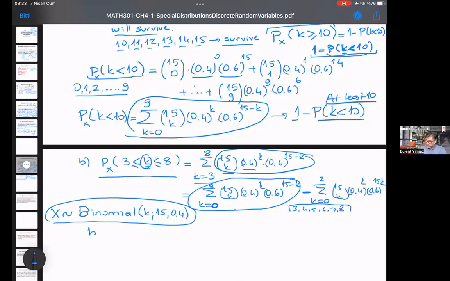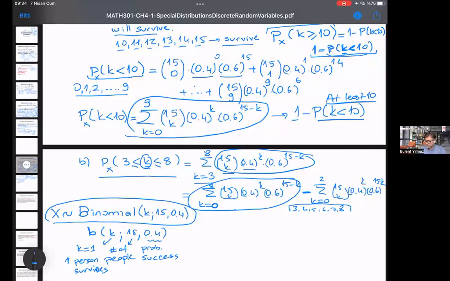Or we can write B binomial distributions, B, K, 15, 0.4. That means the probability of success or survival, the total number of flips, total number of people, okay? Number of people. And then this is each person, like K is 1, K is 2. That means two people, one person survives, okay?